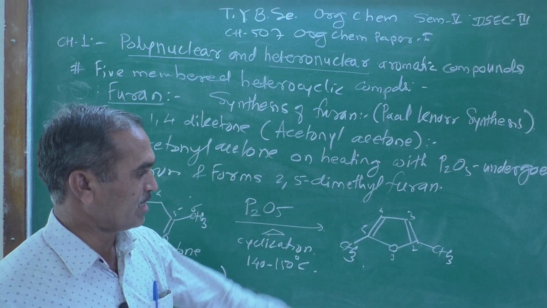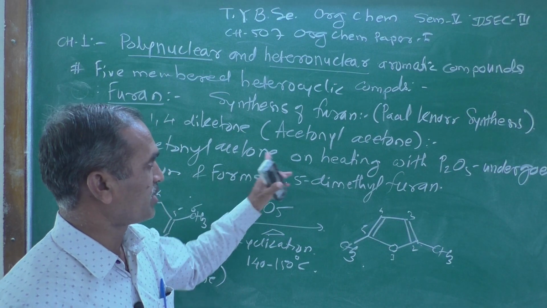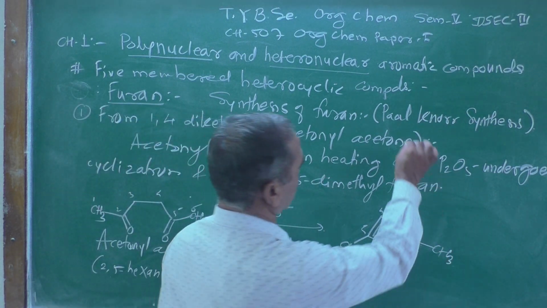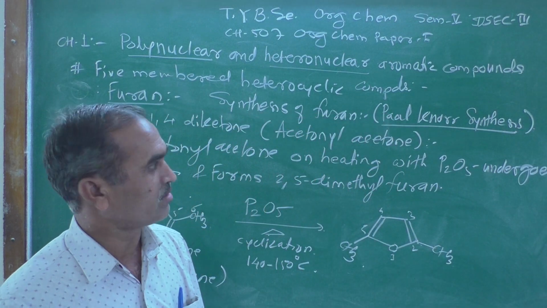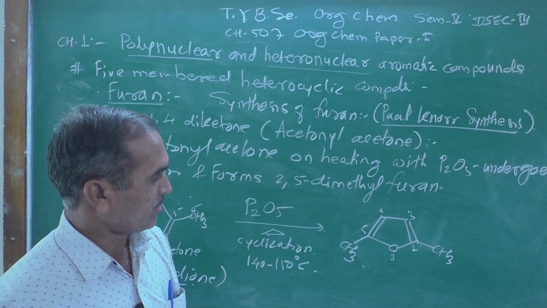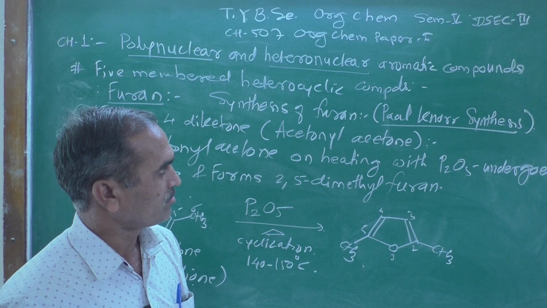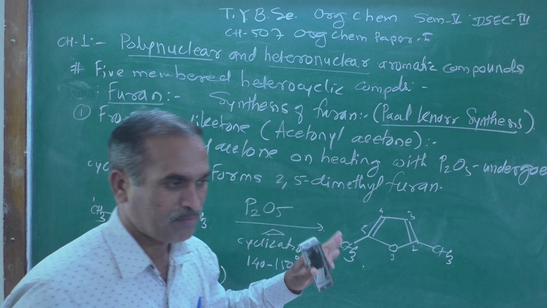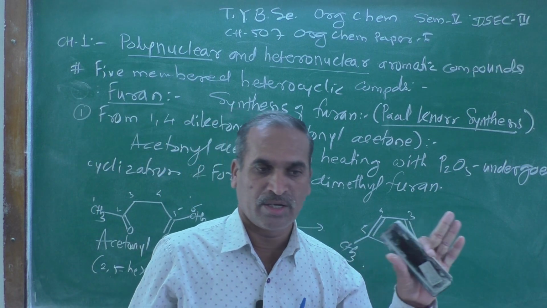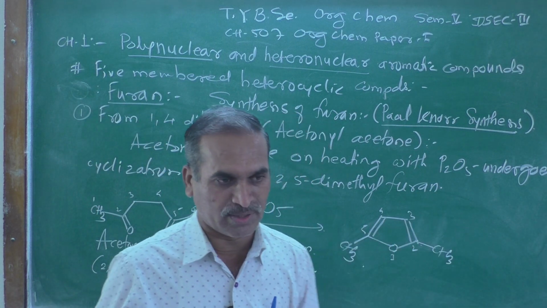It can be easily prepared in the laboratory by using the well-known reaction, the Paal-Knorr synthesis. Paal and Knorr are scientists who synthesized this type of 5-membered aromatic heterocyclic compound.